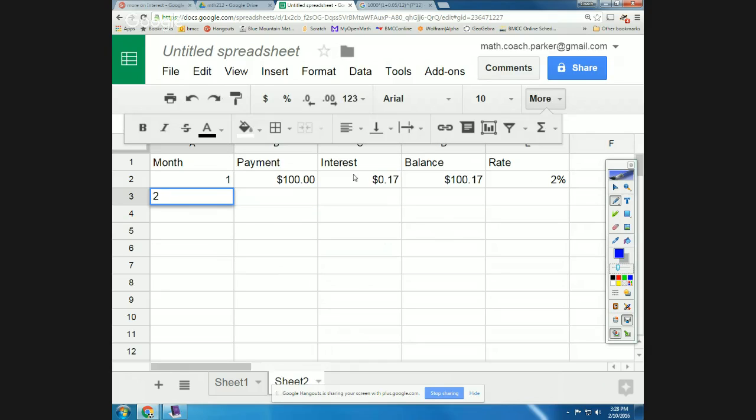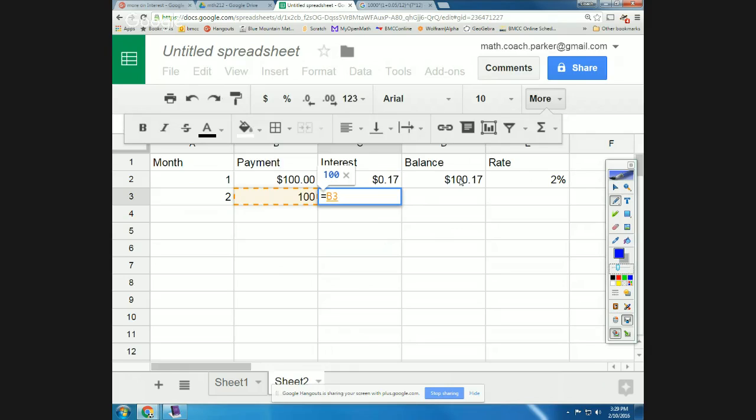Now, month 2 comes along, and I'm going to make another payment of $100. Here's where things get a little more complicated. This is what we hit the other day in class, but the computer can do it easier for us. When we calculate our interest, our balance is now this and that, because we just put $100 in.